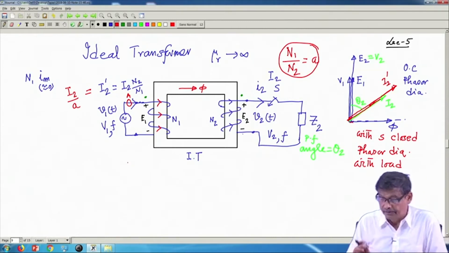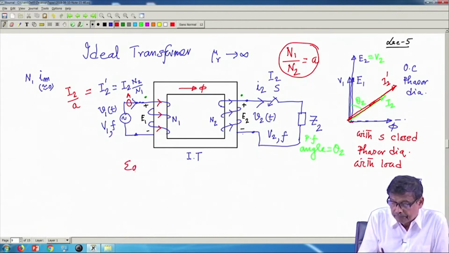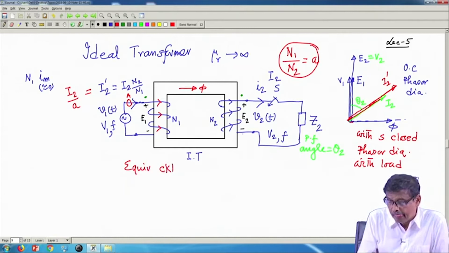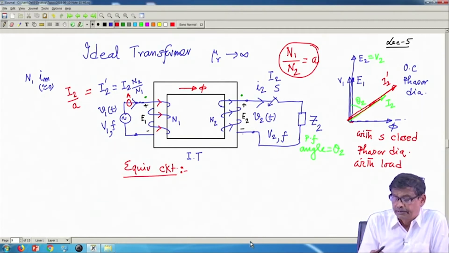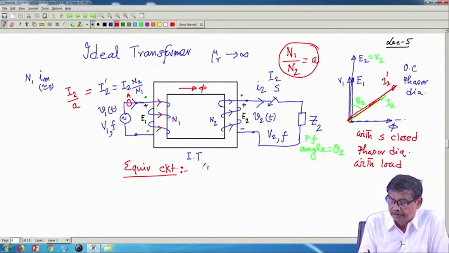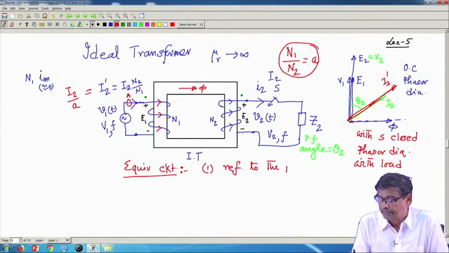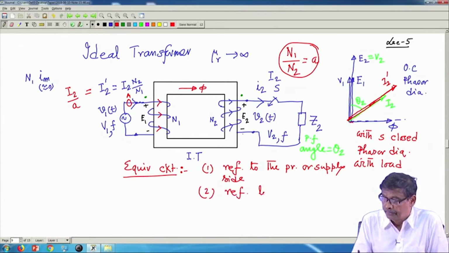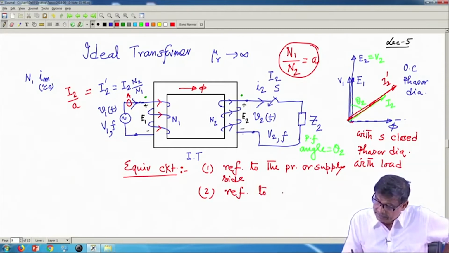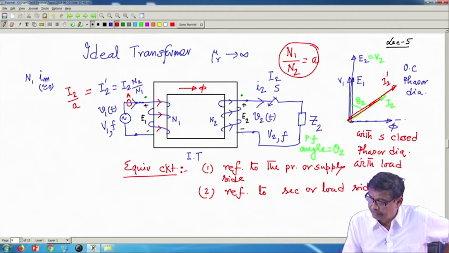Equivalent circuit is generally given referred to the primary side, primary or supply side, and secondly, also the equivalent circuit referred to the secondary side, secondary or load side. I will tell you what all this means.